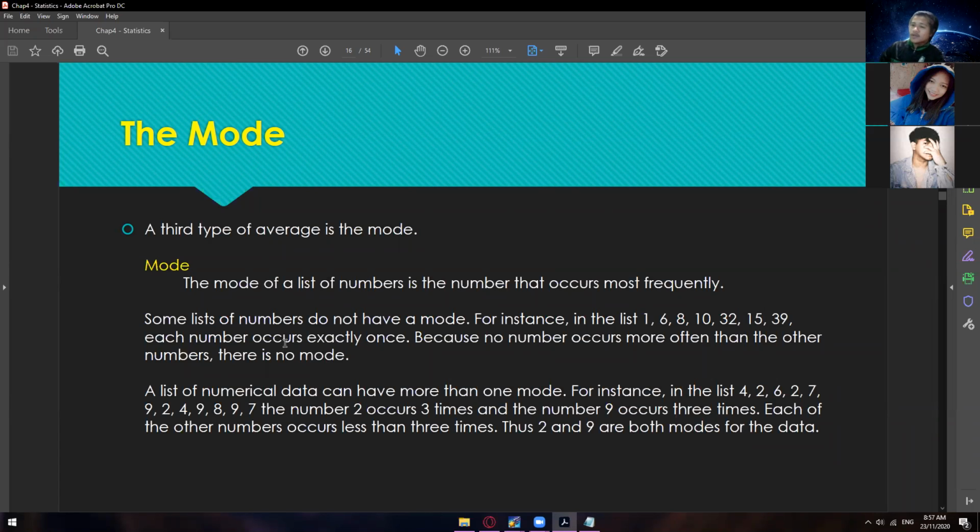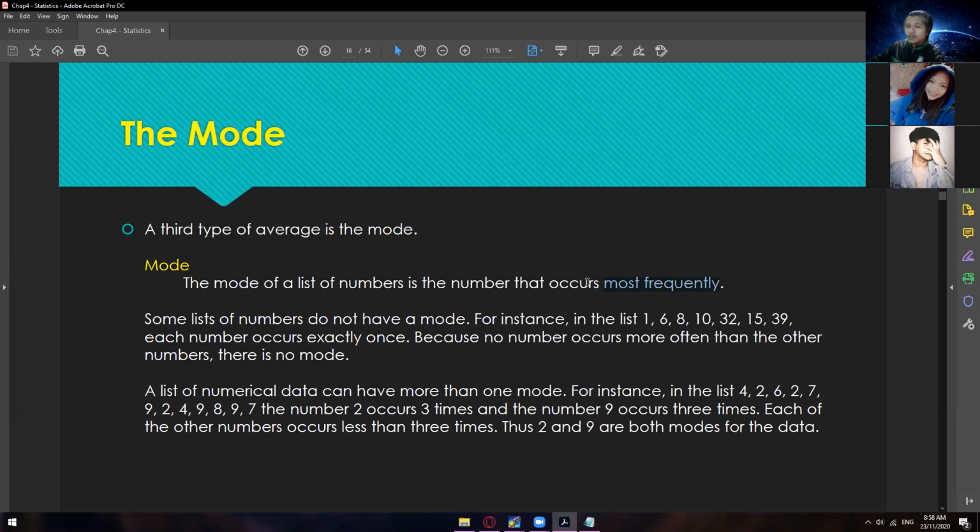So what is the mode? The mode of a list of numbers is the number that occurs most frequently. In looking for the mode, you can get it just by observing your data, because you check for the number that occurs more frequently than the other data.